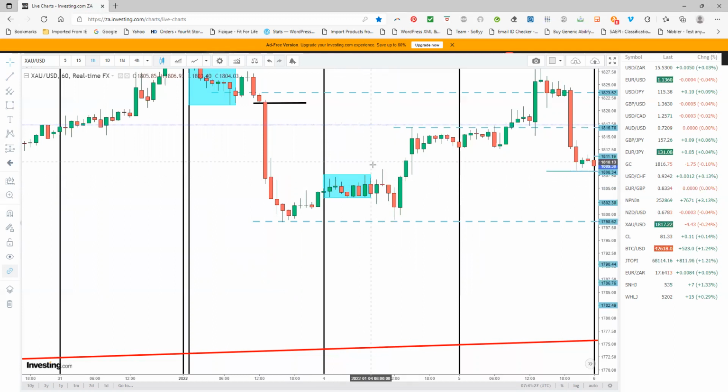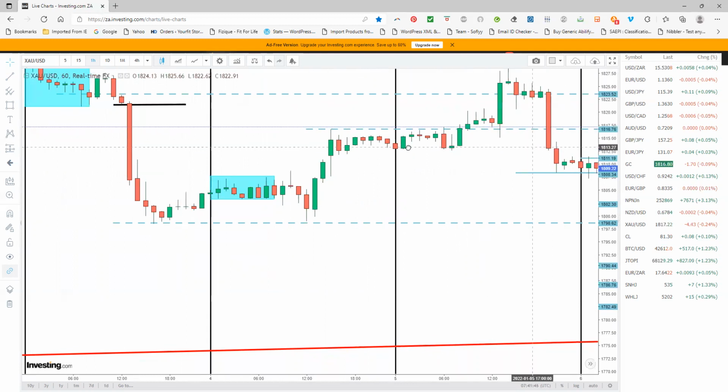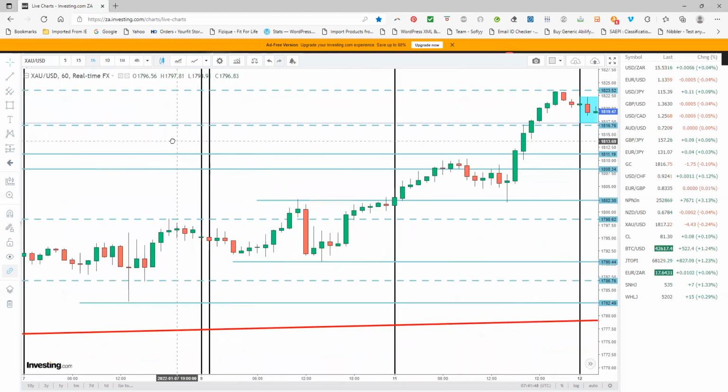created a high, dropped all the way down to the confluence area. Remember, yesterday or the Monday's low, price went down and touched it, only to push all the way up. Price touched there, price touched there, price touched there. Remember, we've got this line as a dotted line.